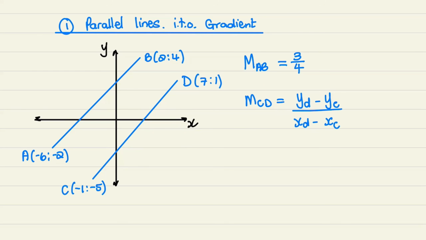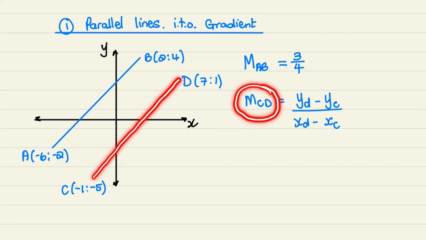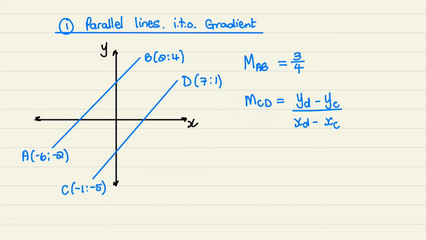In the same way, we can calculate the gradient of line CD using the gradient formula. So remember, it's a difference of y's over a difference of x's. So when I substitute, I have y of D as 1 minus the y of C, which is -5, over the x of D, which is 7, minus the x of C, which is -1.